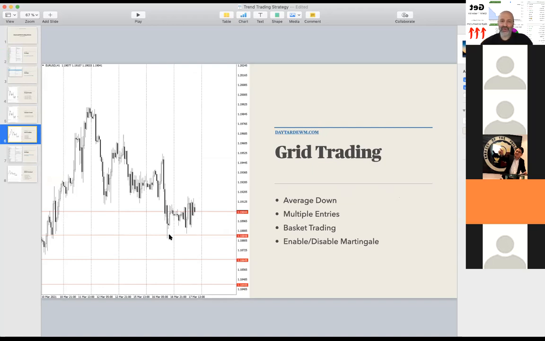Then every time it goes 21 pips against the first trade, it will start to add 21 pips to average down the price. Because if you start, for example, with this level and you have only one trade, then the price needs to go above this level to make money.